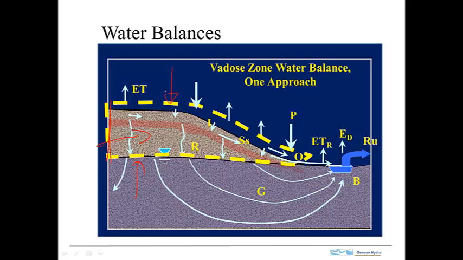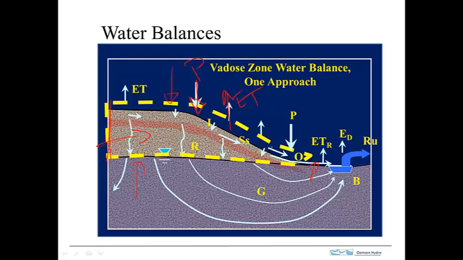And so then let's take a look. The precipitation is coming in, and ET is coming out. And let's see, down here we've got this arrow here. That's the subsurface storm flow coming out.